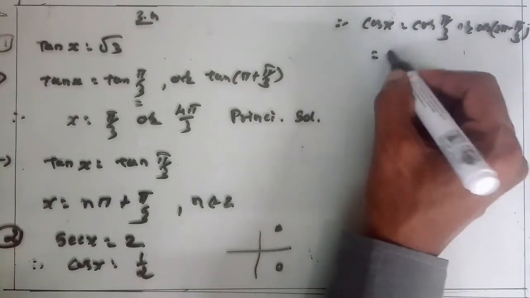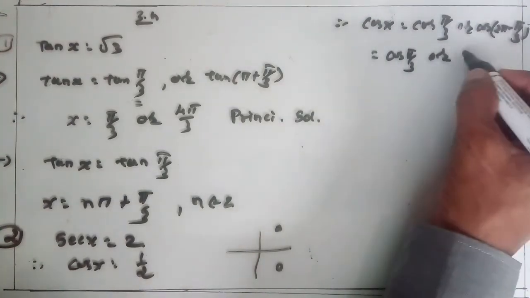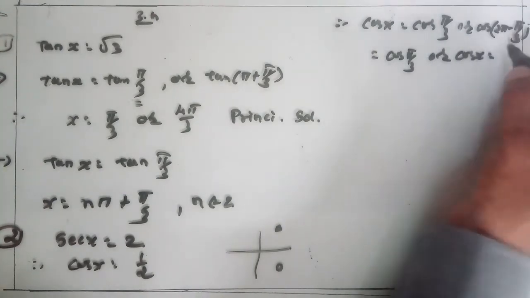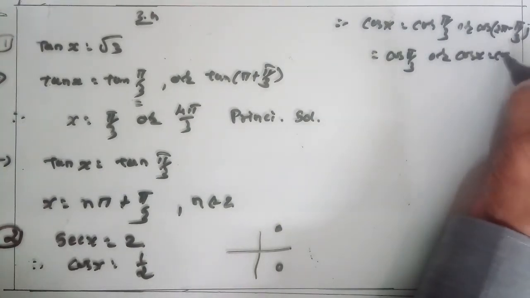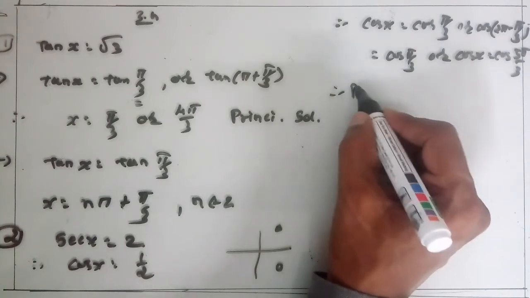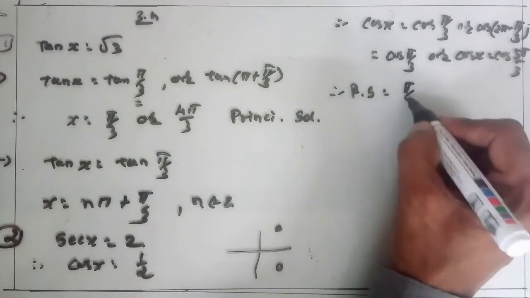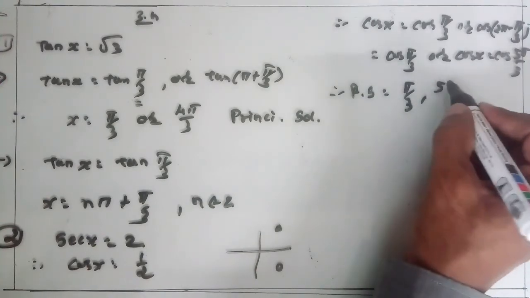So cos x is equal to cos pi by 3 or cos x is equal to cos, 6 pi minus pi, that is 5 pi by 3. Clear? Therefore principal solution is pi by 3 and 5 pi by 3.